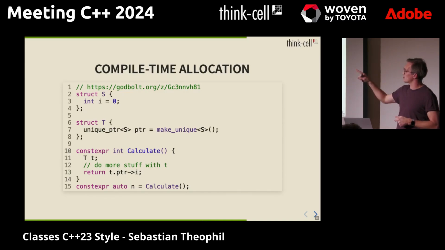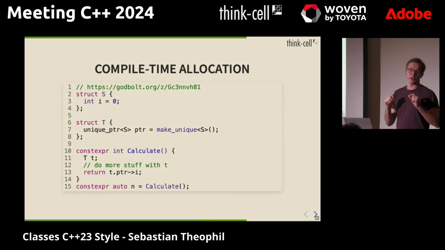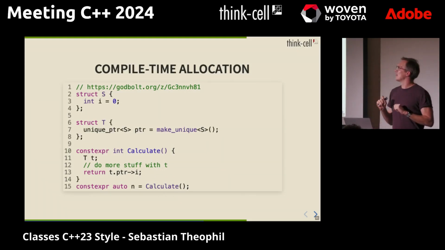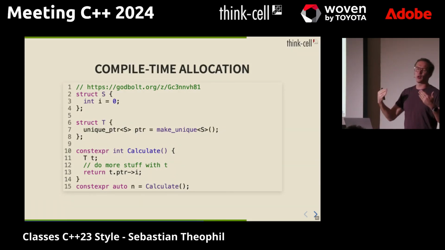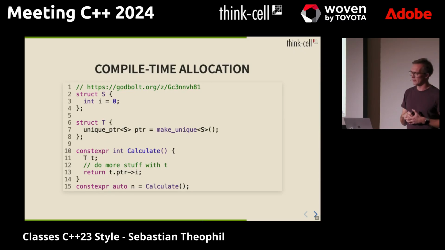And what does this mean? Well, together with the compile time UB checker, if you need to do manual memory allocations somewhere, and I hope you have a very good reason for that, then by declaring that code constexpr and trying to evaluate it at compile time, you could get a compile time checker if your logic is correct. If your logic is incorrect and you would leak allocations, the compiler would be able to tell you.